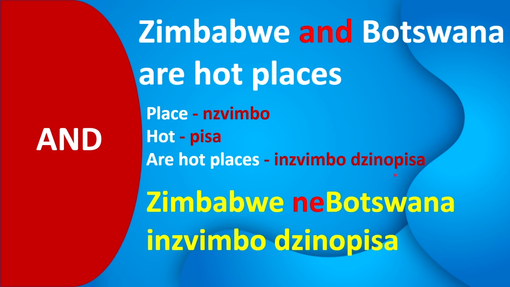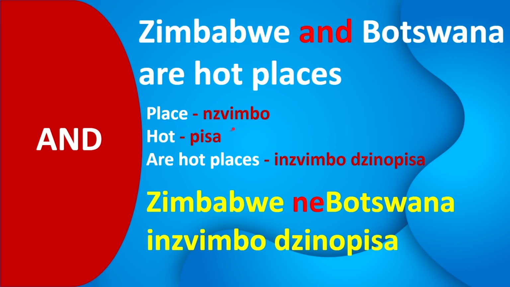So the Shona translation of the sentence becomes Zimbabwe ne Botswana nzvimbo dzinopisa. In this case, we are talking about countries. So and is translated to the prefix ne. Because we are not talking about specific names of people or the proper nouns of people, and is automatically translated to the prefix ne.